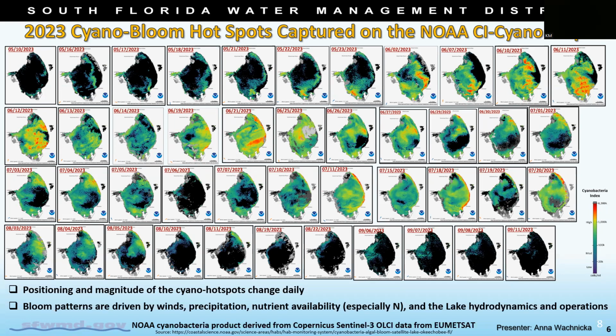We had prevailing winds coming from the west for several days, so all the blooms were accumulating along the east coast, which was not good news for us because that's where the major outflow structures are. You can see that red color here. This is that very thick cyanobacteria biomass accumulating against our structure. So, not good news for us.